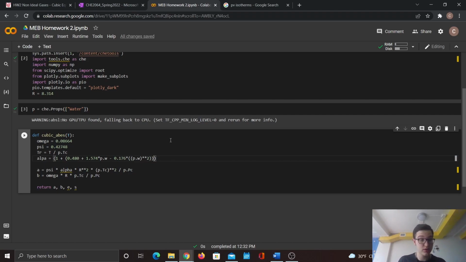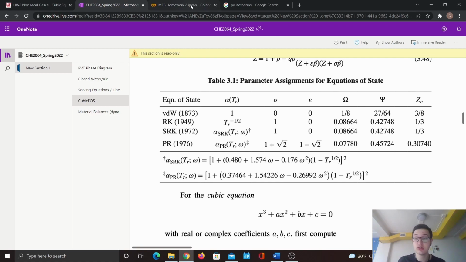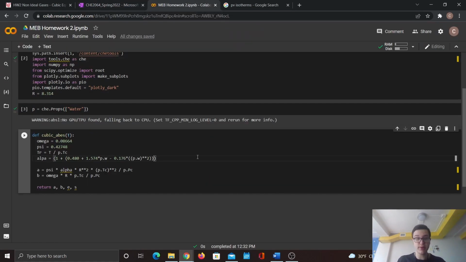So there, good. And this is going to be times 1 minus TR squared.